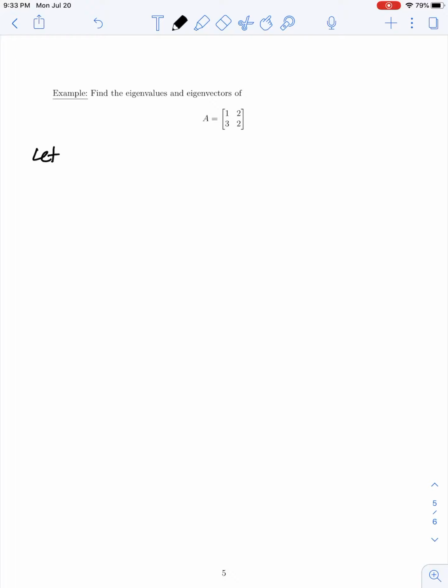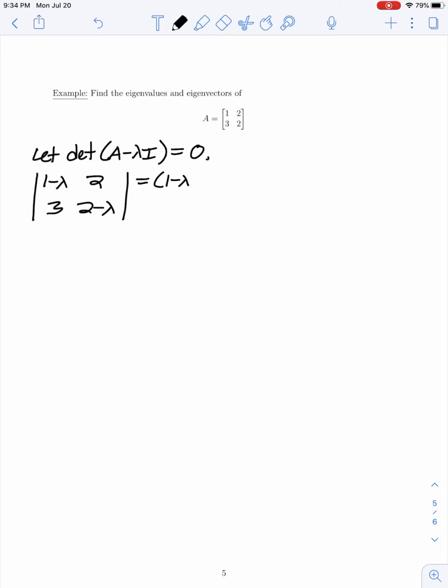So to find our eigenvalues, we're setting the determinant of A minus lambda I, which is our characteristic polynomial, equal to 0. So let's look at that determinant. We have the determinant of 1 minus lambda, 2, 3, and 2 minus lambda. So the product of our diagonals is 1 minus lambda times 2 minus lambda, minus the product of the off diagonals, which is 6, and this is equal to 0.